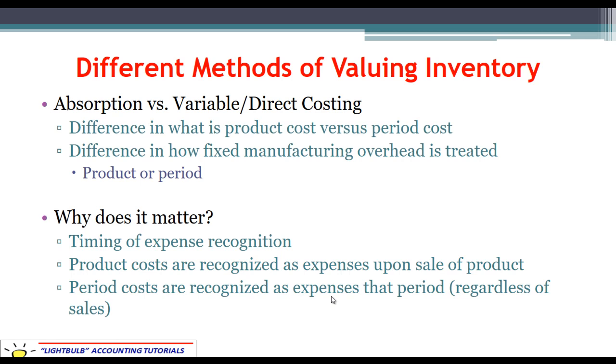But if you're using the absorption method, that fixed manufacturing overhead only gets recorded as an expense when the product is sold. Now, again, that's what those last two bullet points are saying. The product costs are recognized as expense upon the sale of the product. The period costs are recognized as expense that period. Doesn't matter what was sold or what was produced.